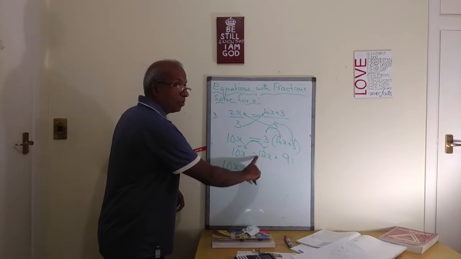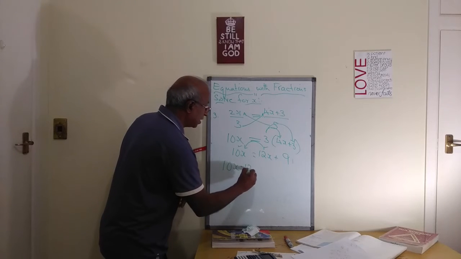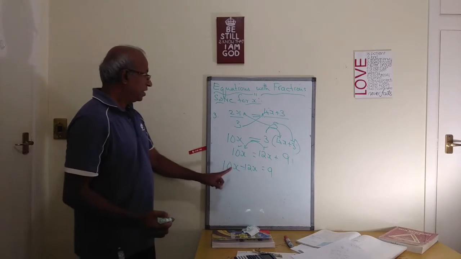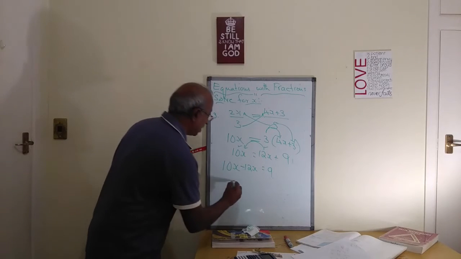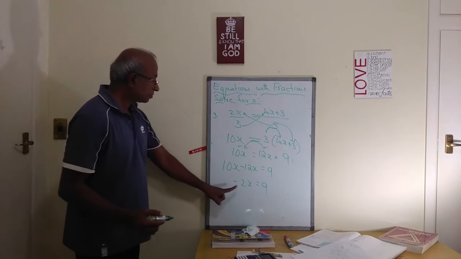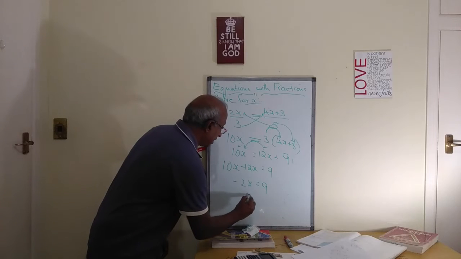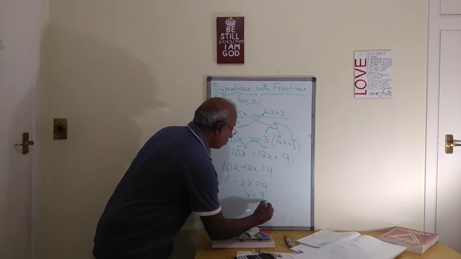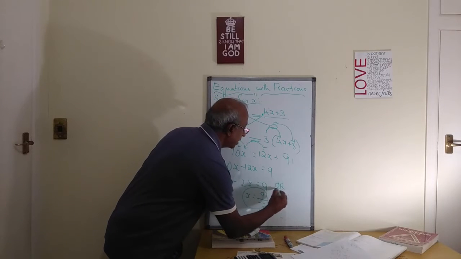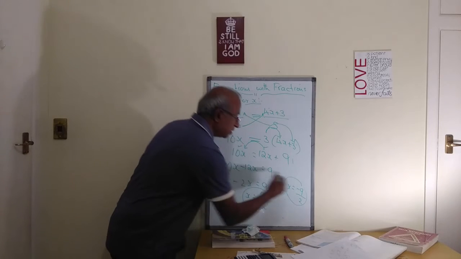Look at the sign before 12x, that is plus. When you take it to the other side, that became minus 12x, that is equal to 9. 10x minus 12x became minus 2x, that is equal to 9. Minus 2 times. When you take it to the other side, 9 over negative 2, that is the answer. Or you can write it as x is equal to minus 9 over 2, the same answer.